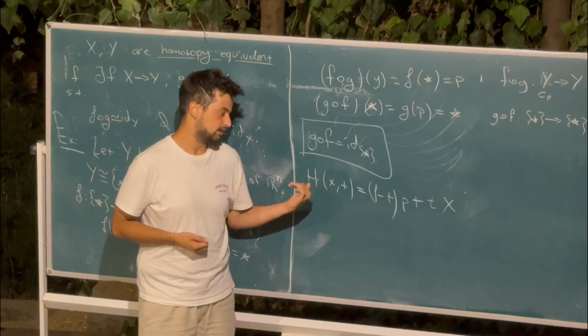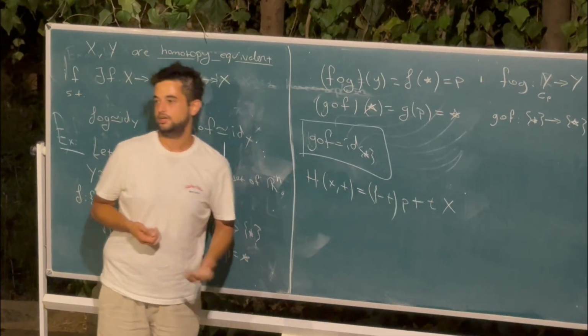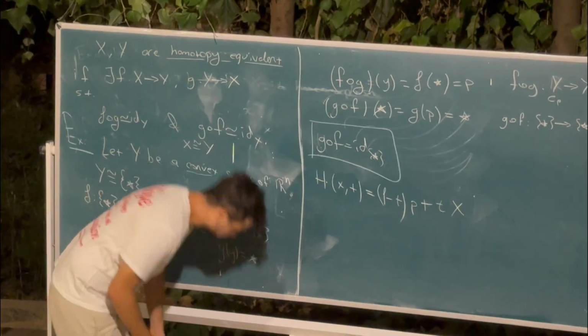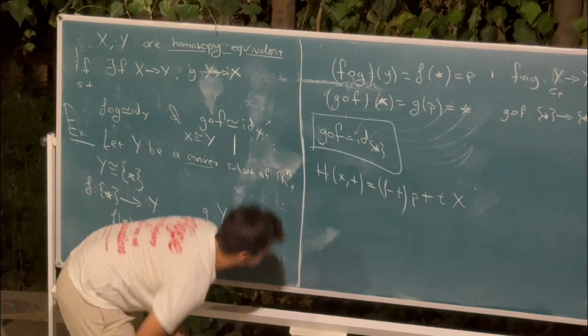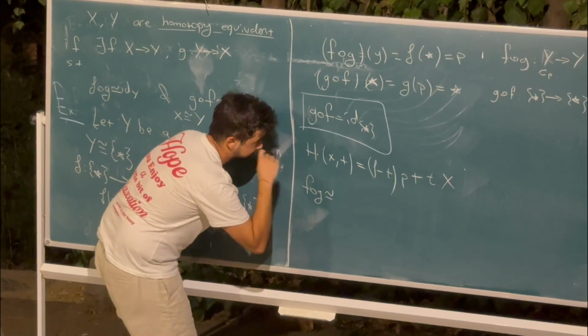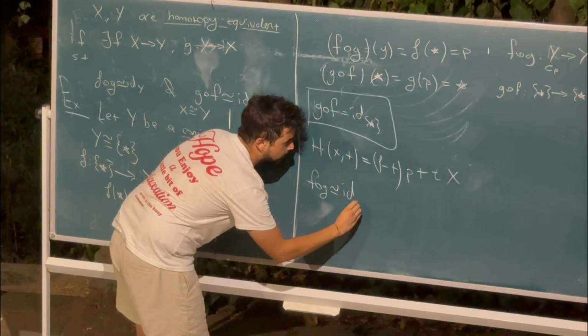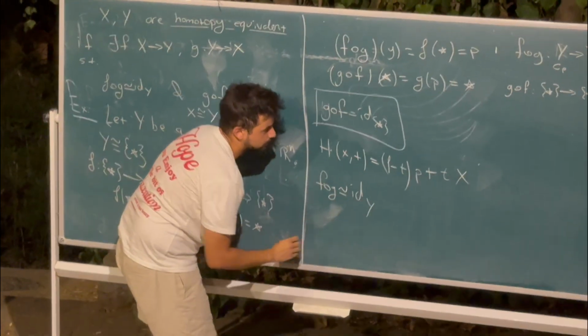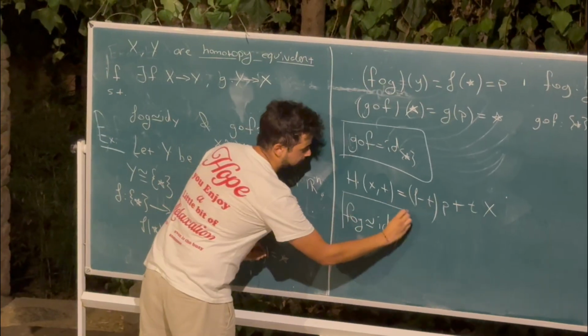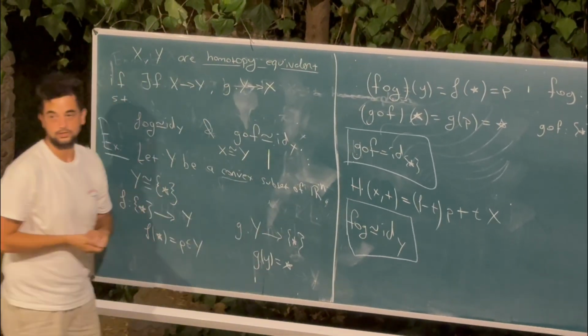And as time progresses, it turns into the identity map. So this shows that this is the identity of Y. So they're homotopy equivalent to each other.